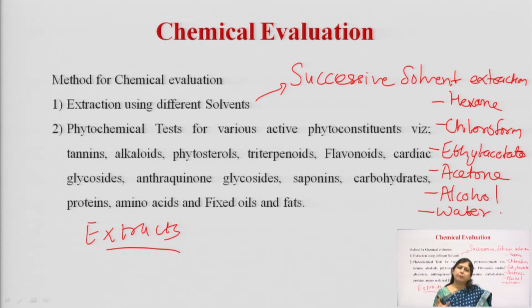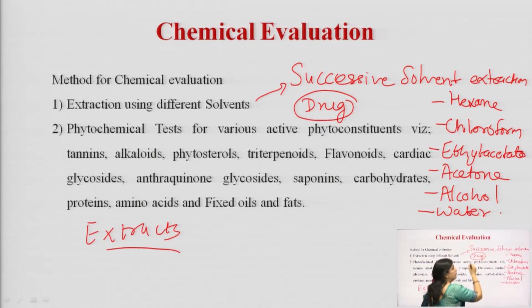Now, what is the purpose of doing this? In a particular drug we have all the things together. We have the sugars, we have the oil, everything is there together. But when we are performing the chemical analysis, we want them to be separated, so that there is no interference in the determination of these chemical constituents.